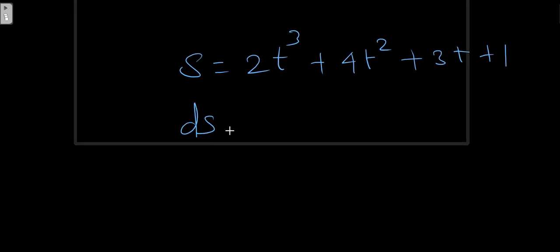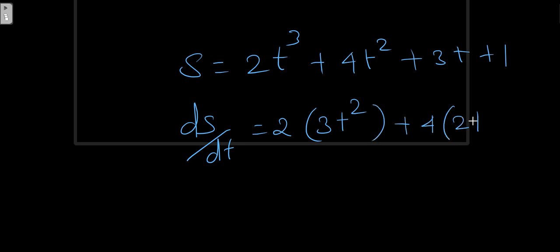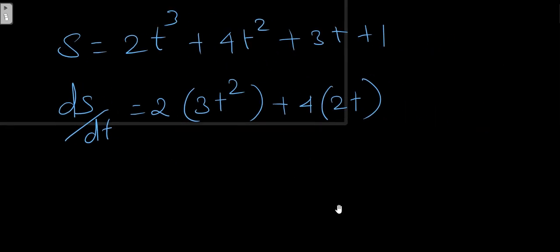When I differentiate with respect to t, ds by dt is 2 of 3t square plus 4 of 2t plus 3 of t to the 0, that is t to the 0 is 1, plus 0.